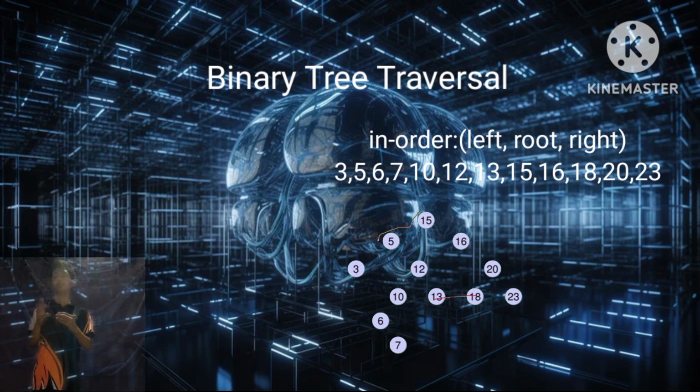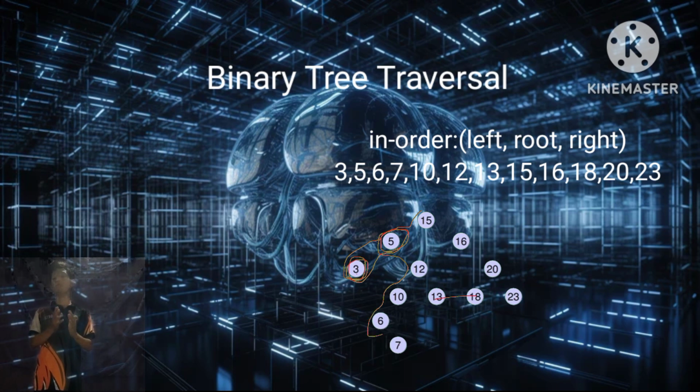Then 5, we will not print the 5, and then we will go to 3. We will print the 3 because it is the left side, and then we will go back to 5. We visited 5 a second time, so we will print the 5, and then we will go to its right. We will not print the 12, and then we will go to the left. We will not print the 10, and then we will go to the left again.